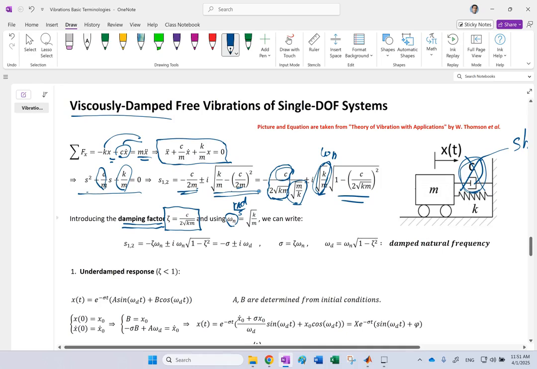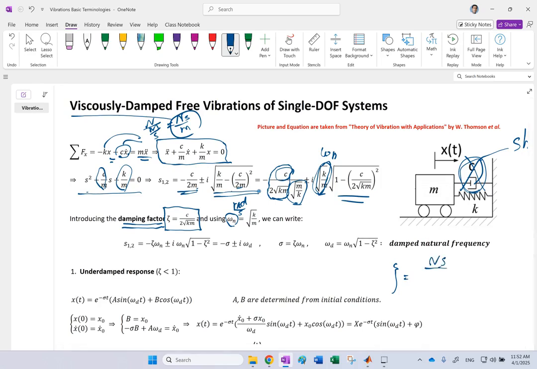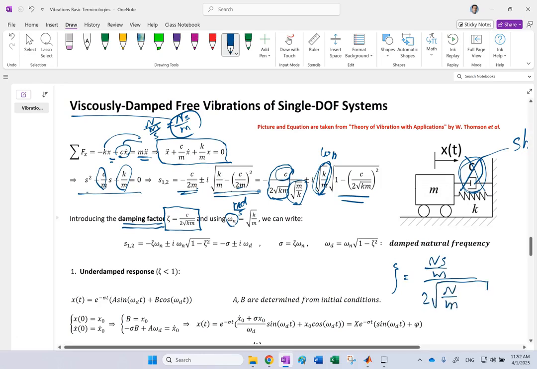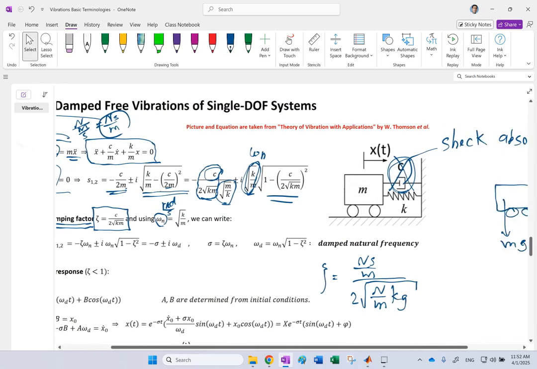So if you look at this, the unit for c is what? It is force divided by speed. So it's Newton over meter per second, or Newton second per meter. That's the unit for c. So if I look at the units of this zeta, it is Newton second per meter divided by 2 times the square root of k, which is Newton per meter, and m, which is kilogram. Okay, so what would you get?